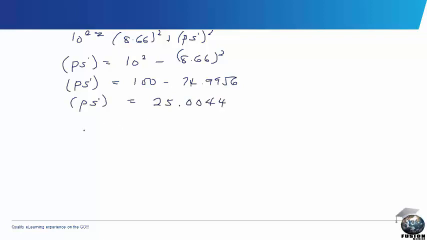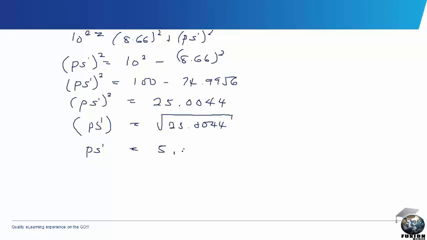So PX bar will be equal to the square root of 25.0044, so that PX bar itself will be equal to 5.0004. Therefore we can take PX bar to be equal to 5 cm. So we have finally determined some parts in the diagram.